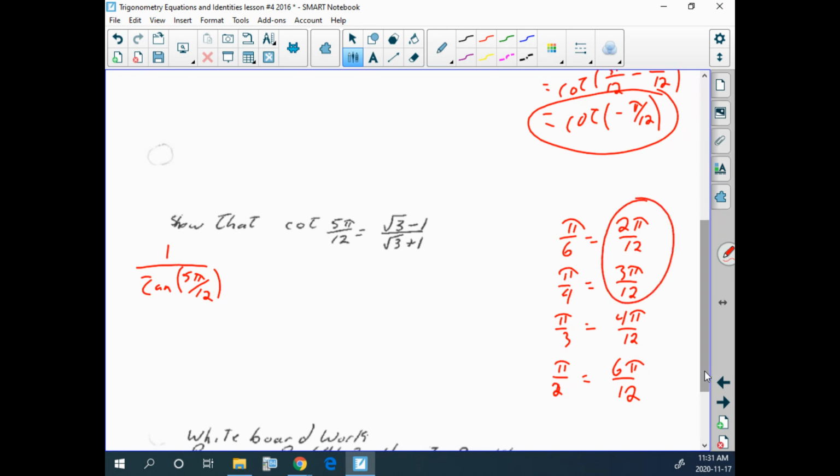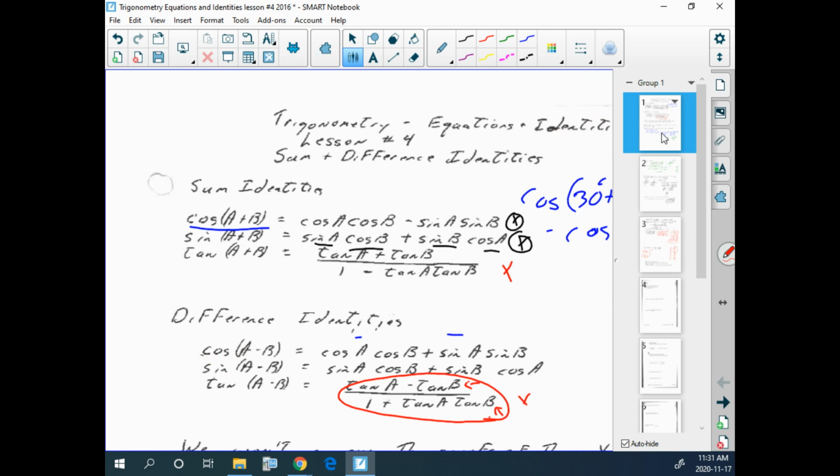Add those two together. So this is going to be 1 over tangent of pi over 6 plus pi over 4. And to be perfectly honest with you, I can never remember what the tangent identities are.